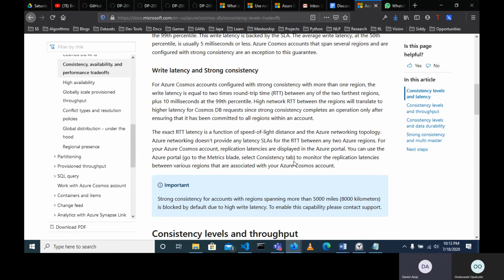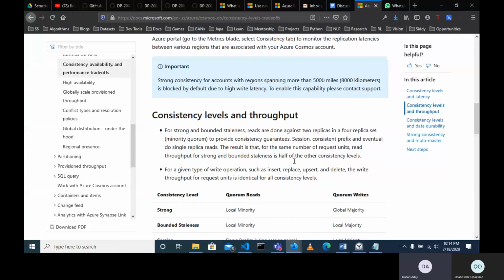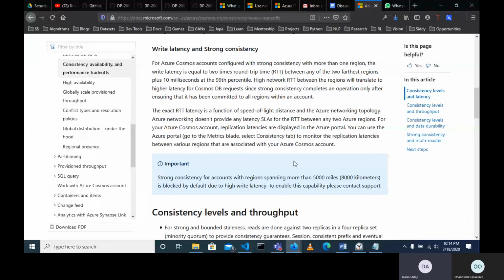So for instance, in this case, strong actually means a write is not complete until all writes have been done on the different branches. So let's say we have three regions, one in US, one in South Africa, one in India.